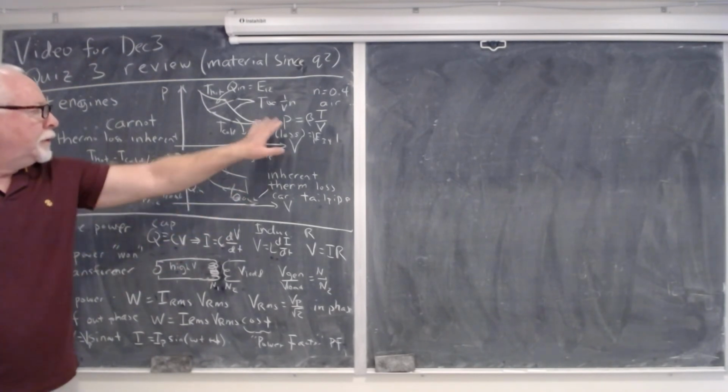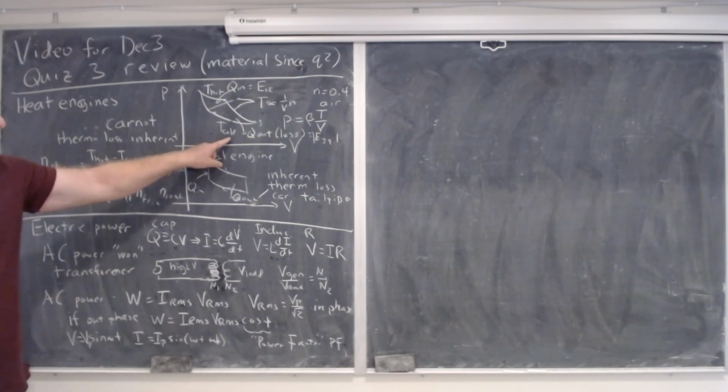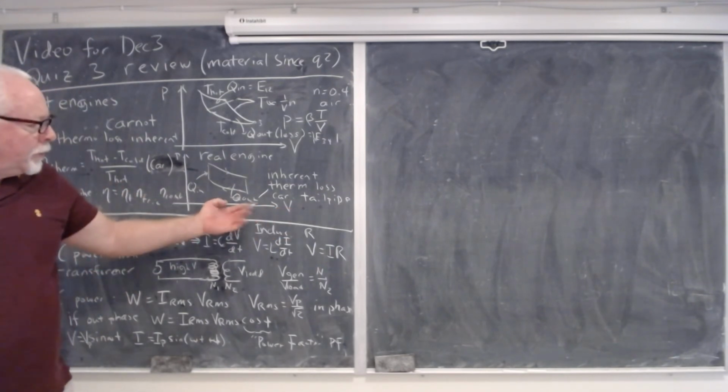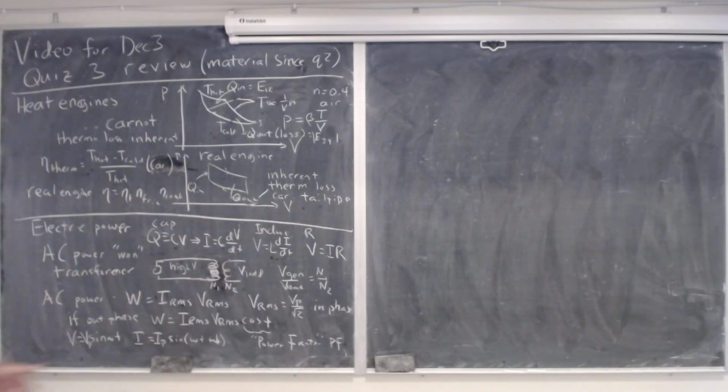In the Carnot engine, that inherent loss goes into the cold water in that part of the cycle. In a real car, that inherent thermodynamic loss goes out the tailpipe. And a real engine has additional losses, friction, combustion, and there's an overall efficiency.